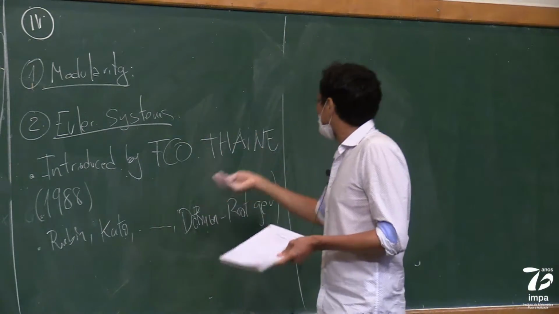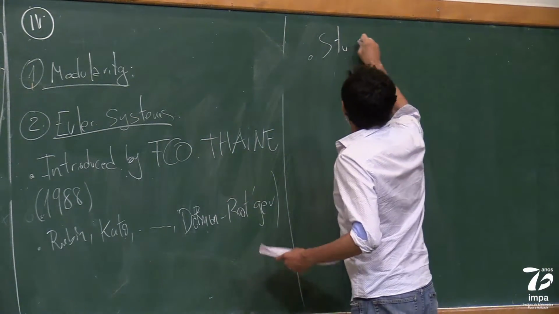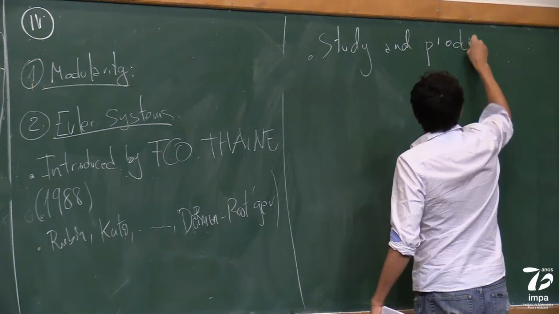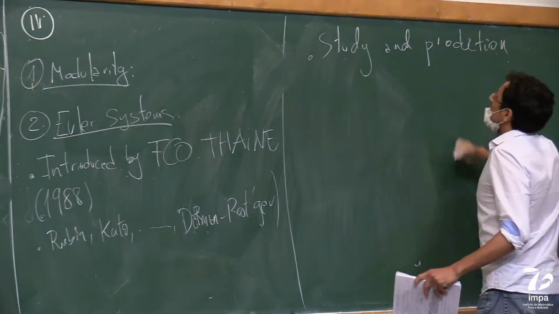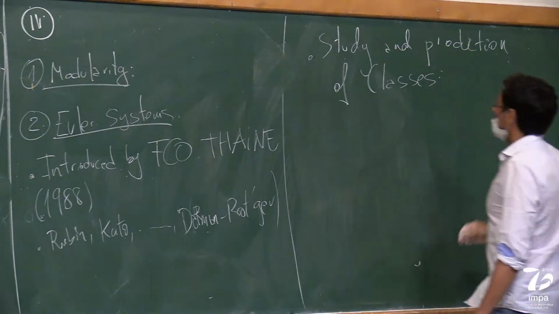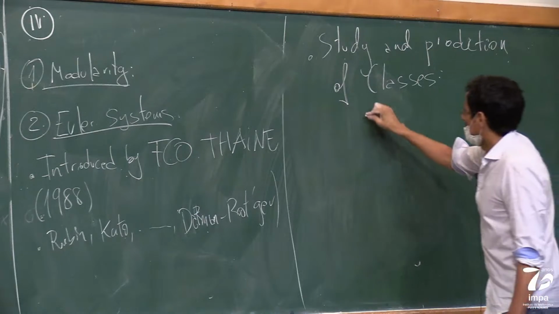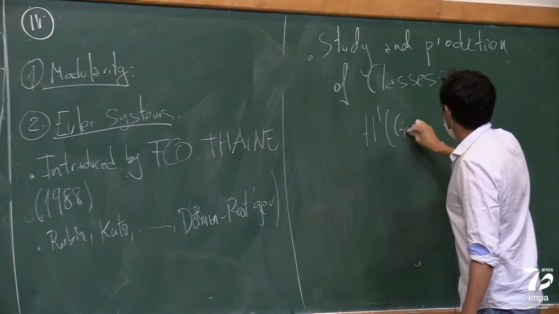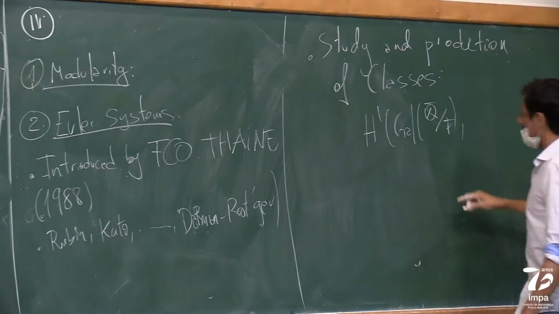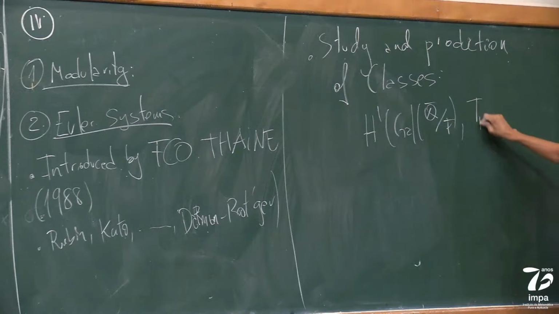So what this means is the study and production of classes. The classes that you produce and study are in some Galois cohomology with coefficients in the Galois representation you have here.